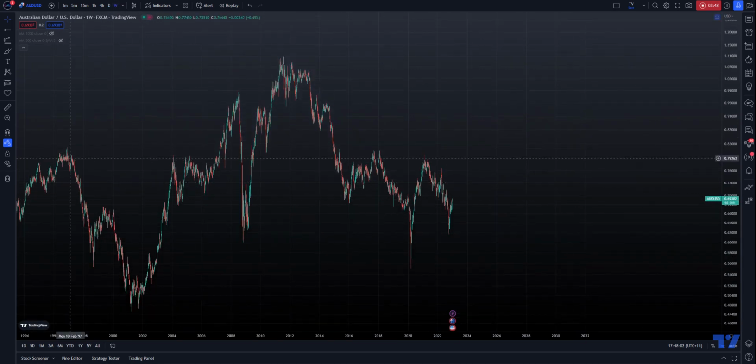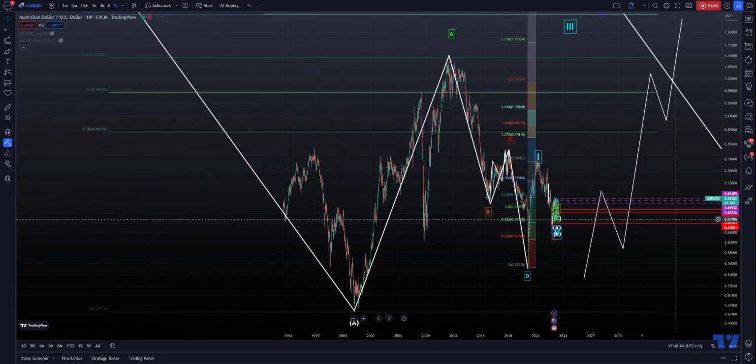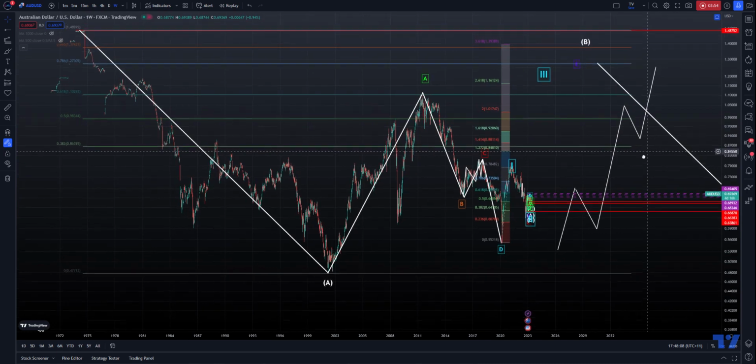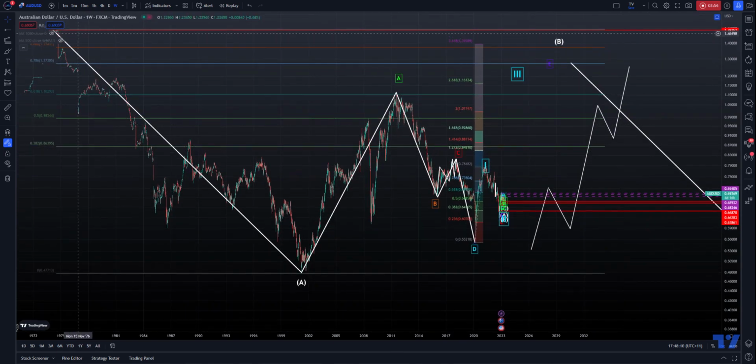So going back to the weekly now, I'm going to explain to you how I see this. Right. So in total, this is a zigzag unfolding on the larger degree. We had a move down from the 70s down to 2001.